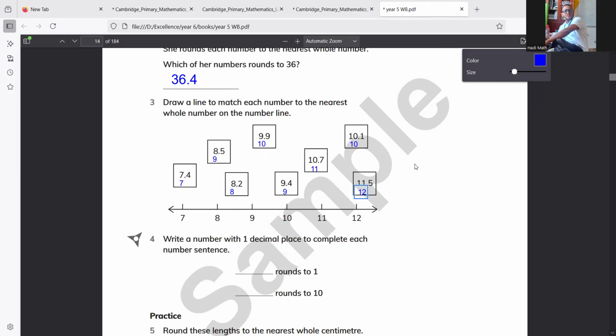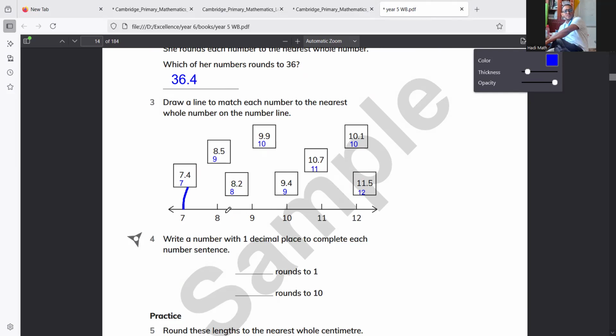Now that you've rounded each one of them to the nearest whole number, you go and join them. Like this is 7. Do you have another 7? No, only one 7, so you join this one to here.